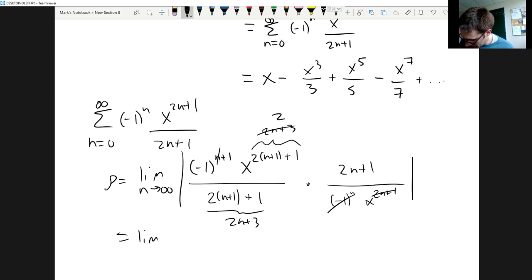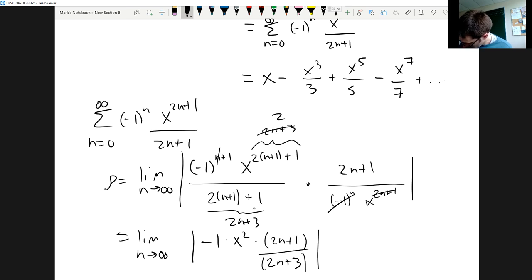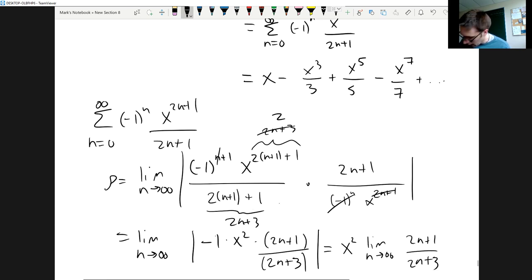So we will have the limit as n goes to infinity of minus 1 times x squared times (2n+1) all over (2n+3). And when we take an absolute value, the minus 1 will go away. We'll be left with just x squared times the limit as n goes to infinity of (2n+1) over (2n+3). And you can easily show that that is going to be equal to 1.